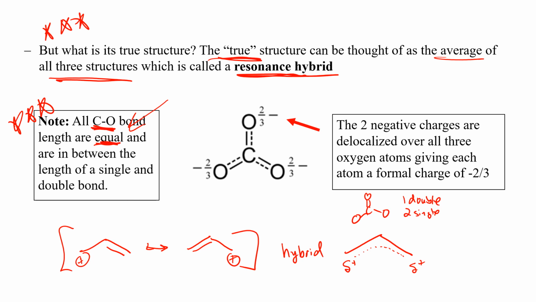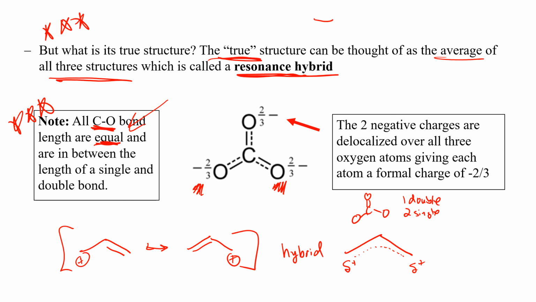Well, why? Because the resonance hybrid is really an average of all 3 of these, and in reality, the electrons are shuttling around and spread or delocalized. So what we see is instead of having a -1 charge on two of these, right? That's a -2 spread over 3 atoms. -2 over 3. So these are all equal in length.